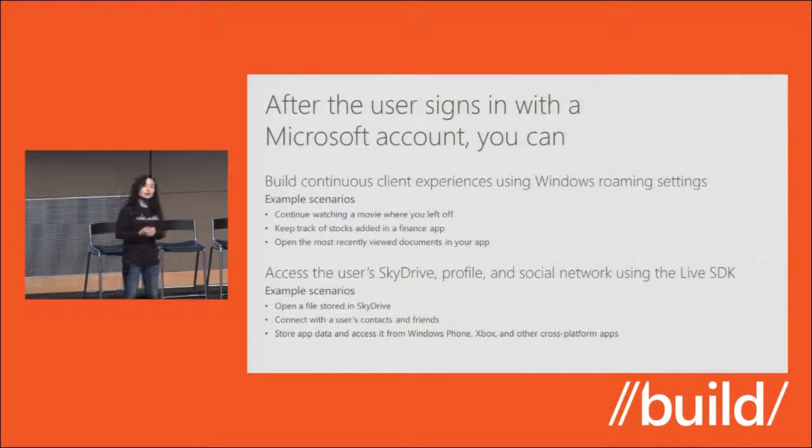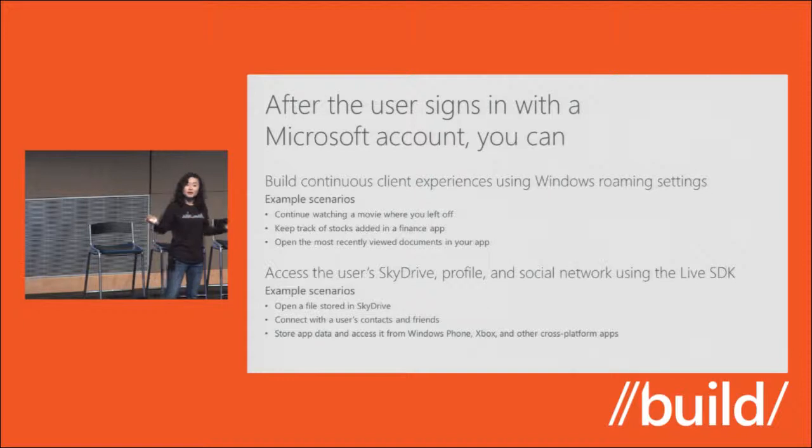Windows roaming settings lets applications store data that gets roamed across all the user's Windows 8 PCs, so that you can provide a continuous experience regardless of which device the user is on. For example, the user can continue watching a movie on one device from where he left off on another device.